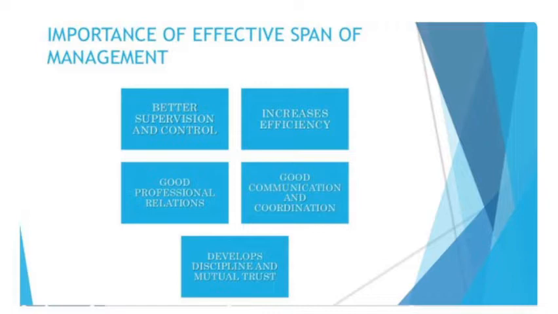Another one is good professional relations. Span of management is able to allow learning one to one. Today's class 4 employee may become the vice president of a company. There is no bar and no hurdles to become such.